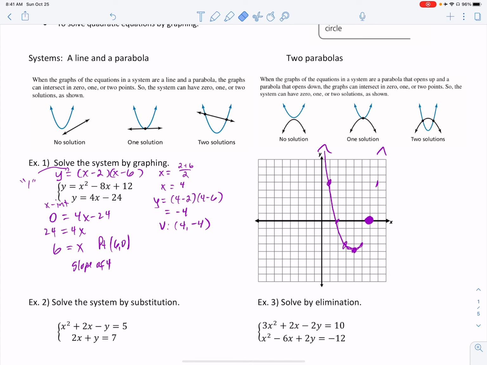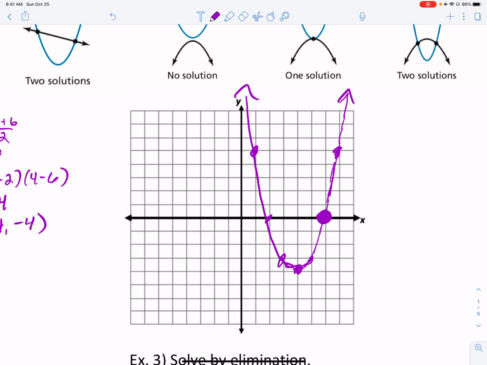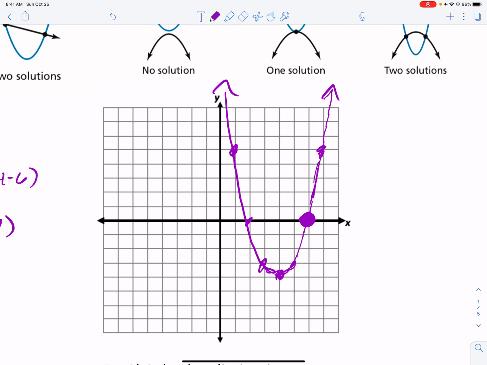And so I'm going to just regraph this parabola because I need it to not quite go through where this line's going to go. So if I go up from that x-intercept of 6, 0, up 4 and to the right 1, it actually goes right there. Or if I go down and to the left 1, it goes here.